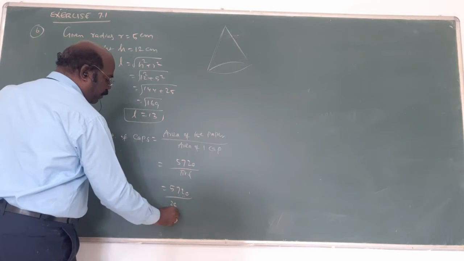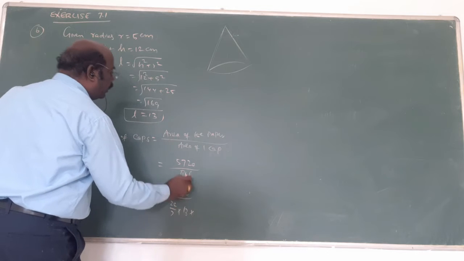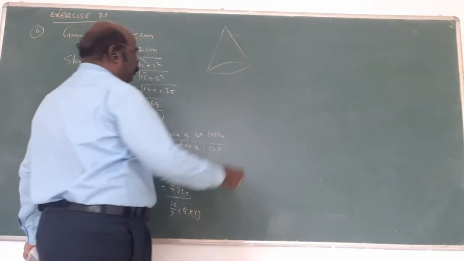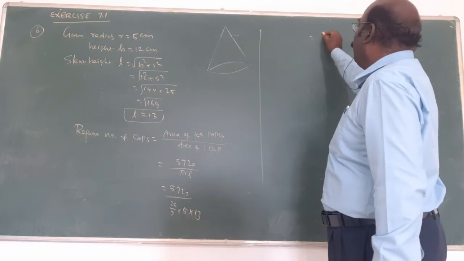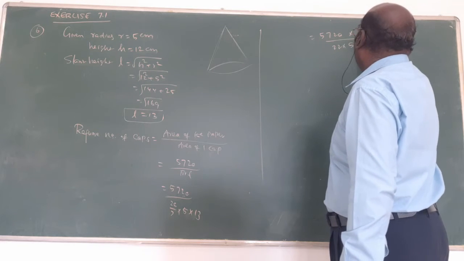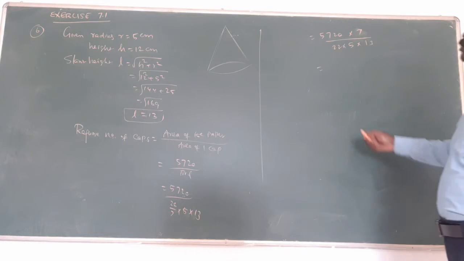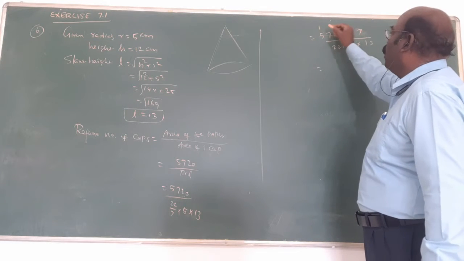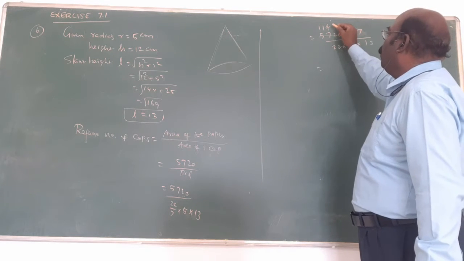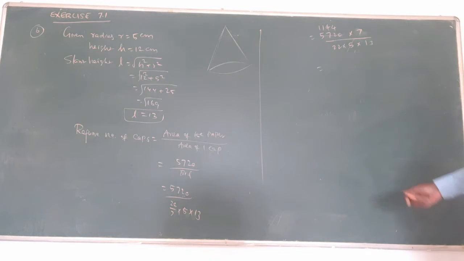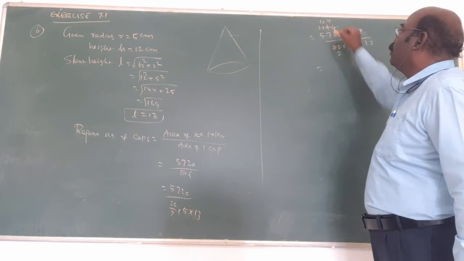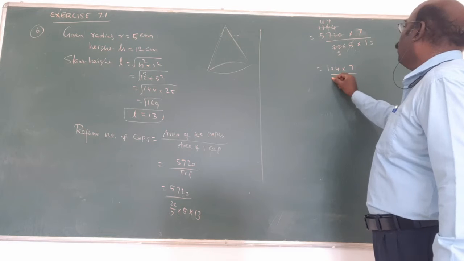5720 divided by pi r l, where r is 5 and l is 13. So 5720 into 7 by 22 into 5 into 13. In the 22 table, one time, 22; two times, 44; the simplification cancels down, 11 by 2 times, and so on.